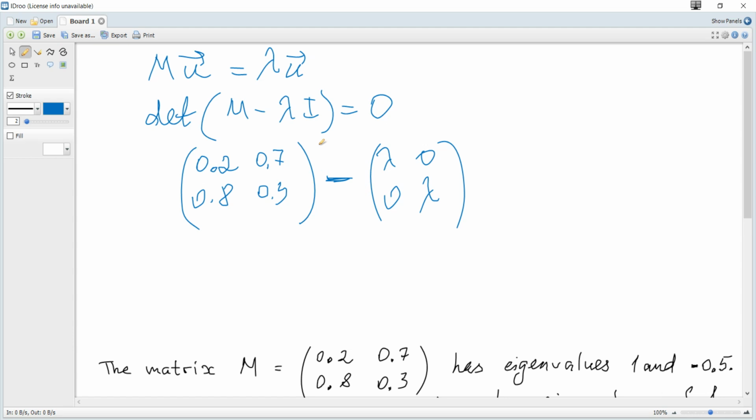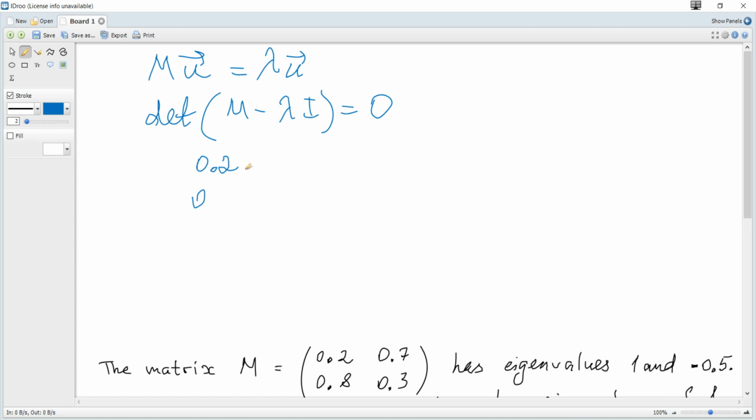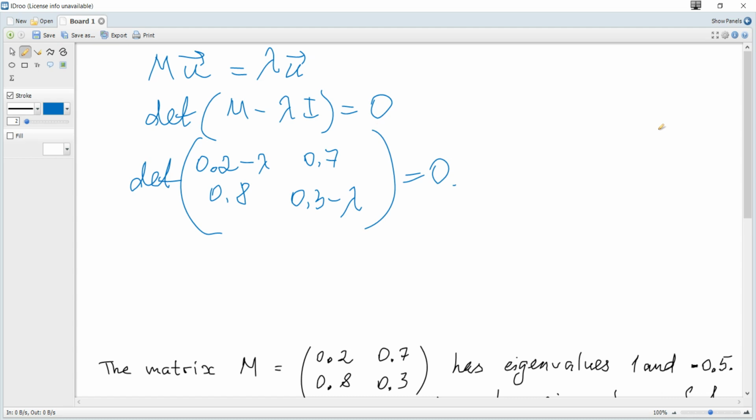So it's 0.2 minus lambda, 0.8 minus 0, 0.7 minus 0, 0.3 minus lambda. And you can see this matrix becomes [0.2 minus lambda, 0.8; 0.7, 0.3 minus lambda], and the determinant is equal to 0.